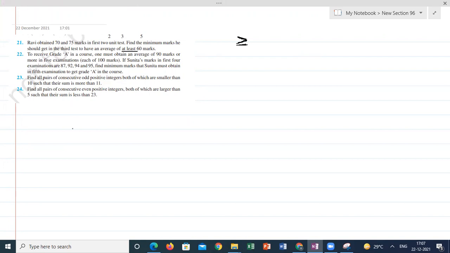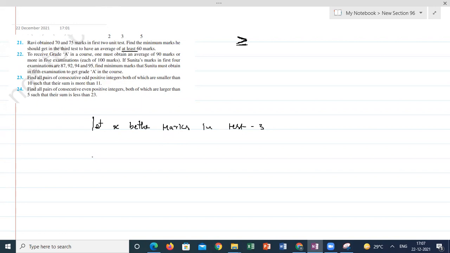So how can we solve this question? Let X be the marks in test 3.